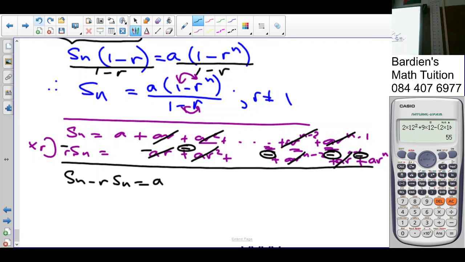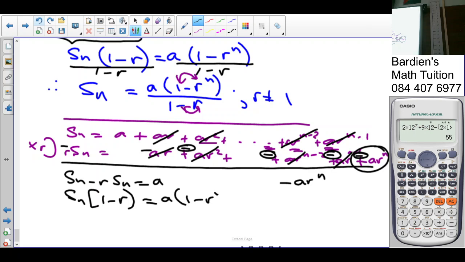So we're just left with minus this one here, which is minus ar^n. So what do you notice? We've got the common factor here of Sn, so we're left with 1 minus r, equals a is common there, 1 minus r to the n. So how do I get Sn on its own?